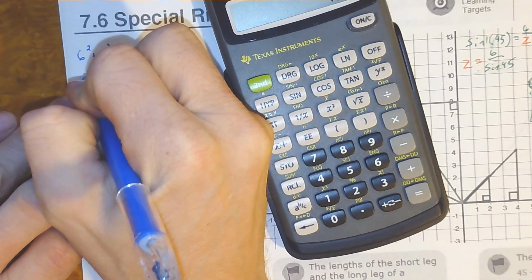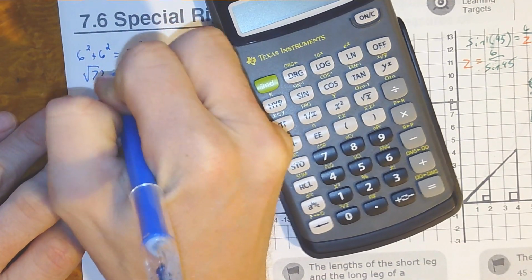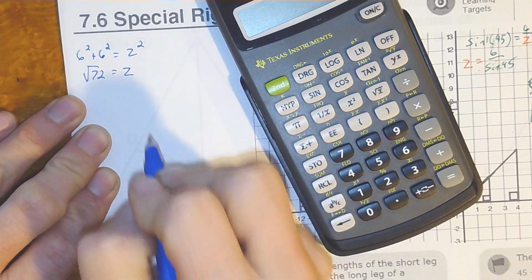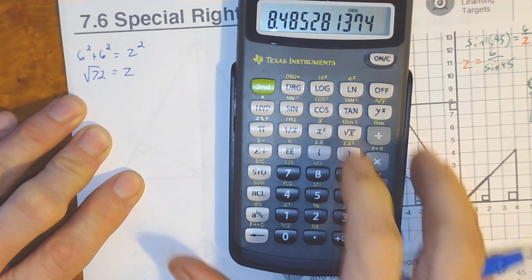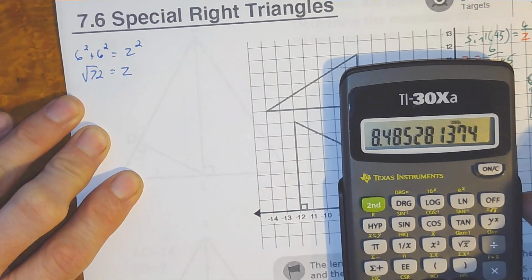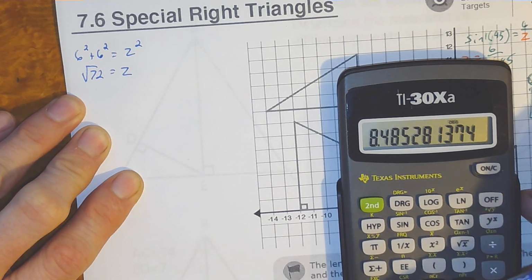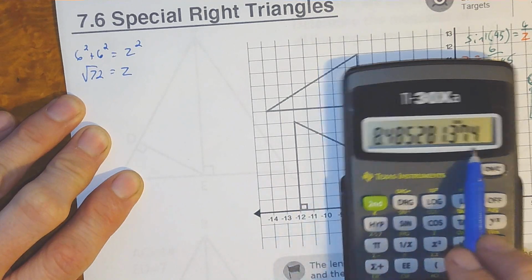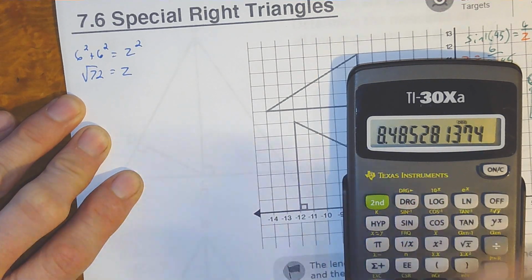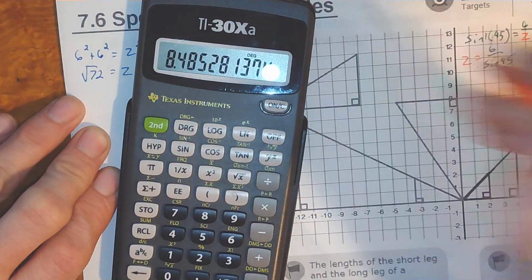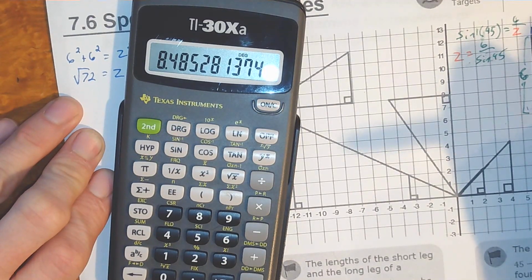So this is going to be equal to the square root of 72 equals z. If I took the square root of 72, you can see that it's really close to that. In fact, it is that, but I truncated all of these numbers. So I could put the square root of 72 here.